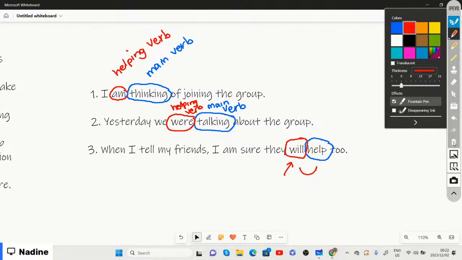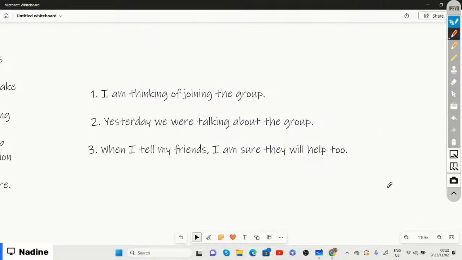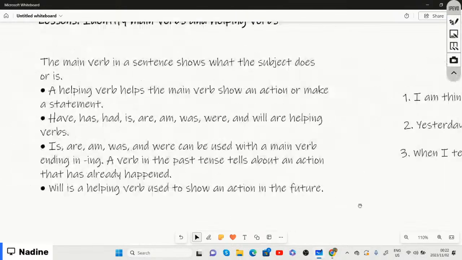All right, so I'm going to explain again, right? Remember, we have a main verb. Our main verb shows action. A verb is a doing word, right? It's an action.